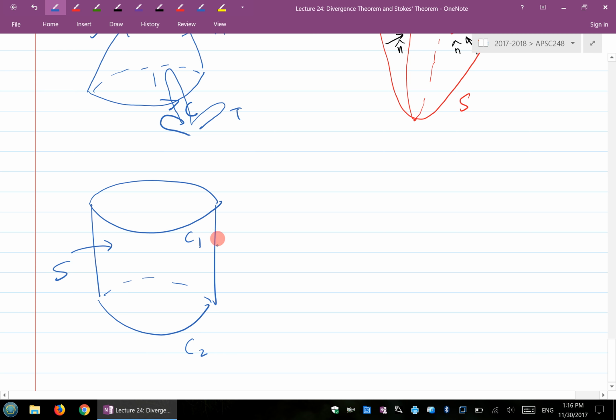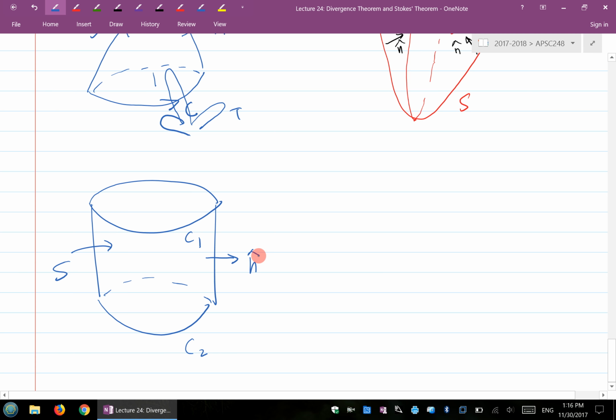Now, if I want the outward direction for S, so I draw our direction n hat, can you give me the direction for C1 and C2 based on the requirements of Stokes theorem?